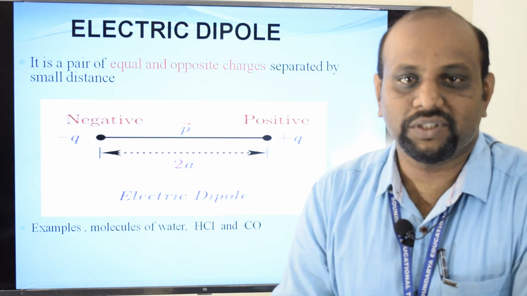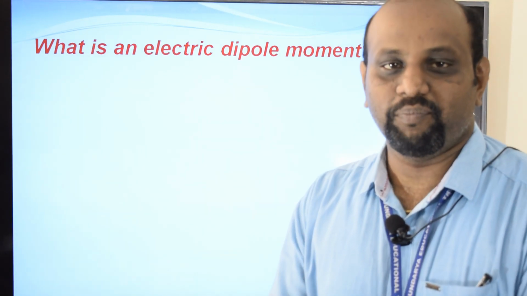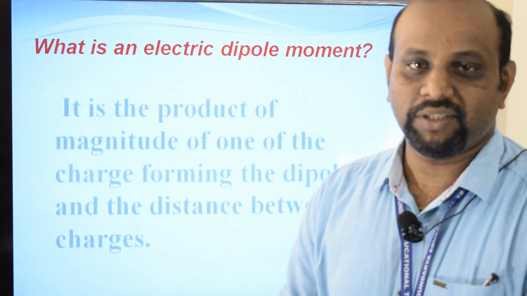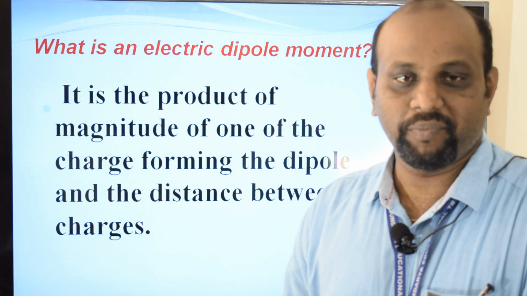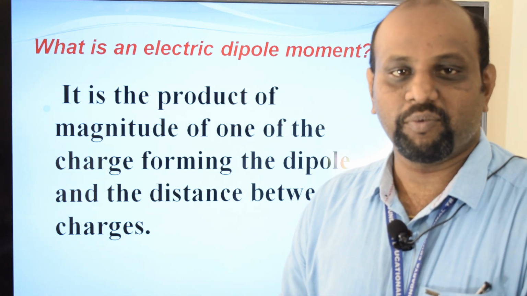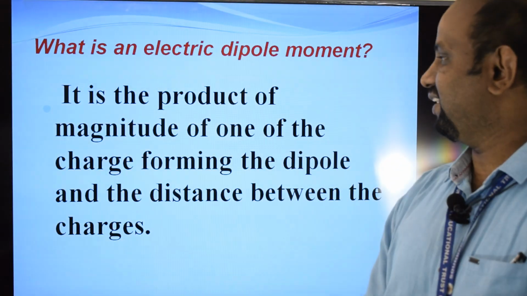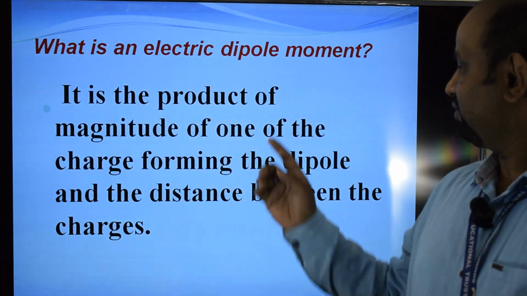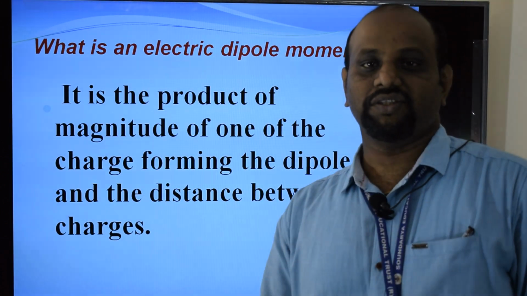And the polar molecules have a dipole moment. What is meant by electric dipole moment? From the examination point of view, they may ask a 1 or 2 marks question: what is meant by dipole moment, mention its unit, mention the dimensional formula for dipole moment, mention the formula. It is defined as the product of the magnitude of the charge forming the dipole and the distance between the charges.